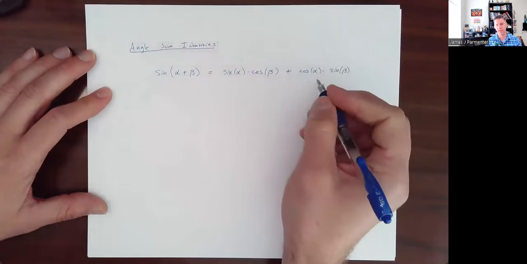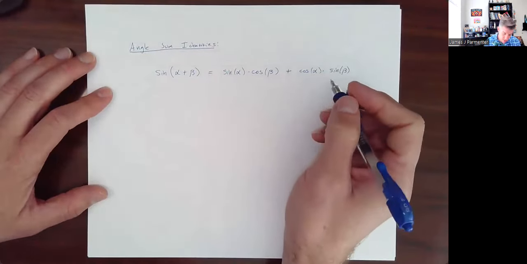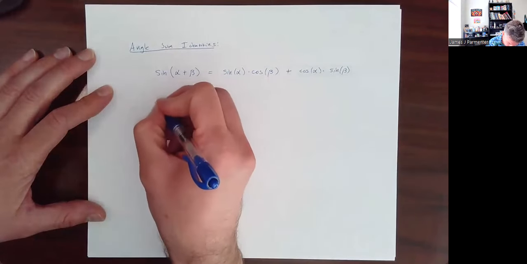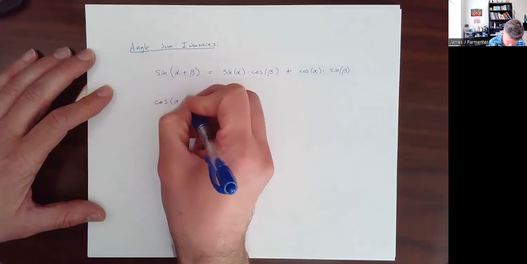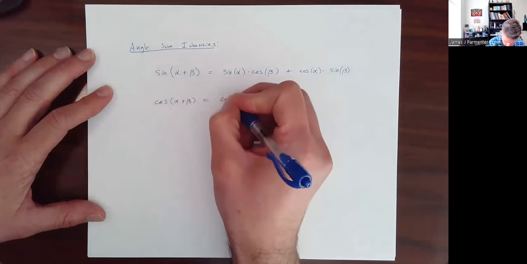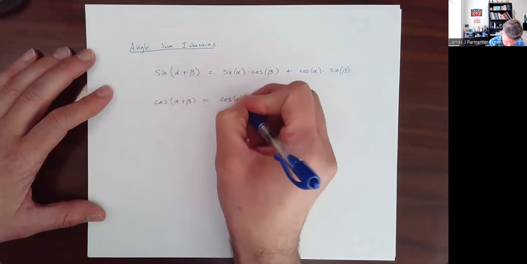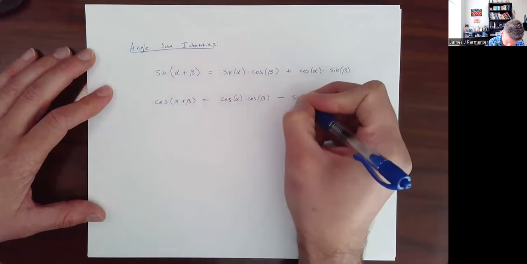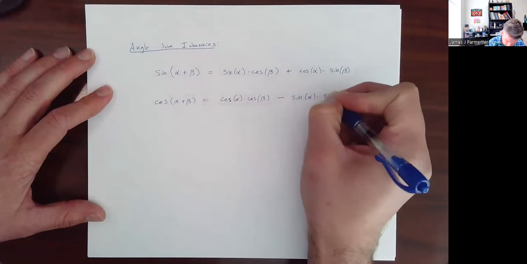Some people write this part as sine first, cosine second. It doesn't matter. And for cosine, cosine of alpha plus beta is equal to cosine of alpha times cosine of beta minus sine of alpha times sine of beta.